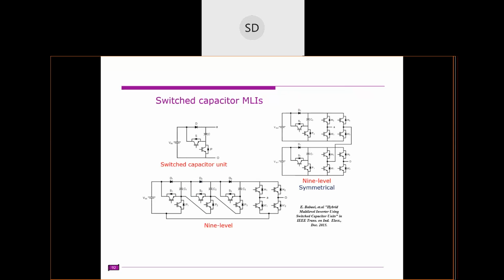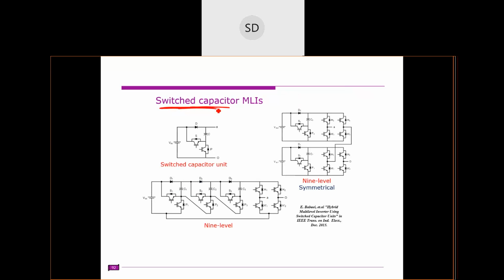So we have other units also there, right? We have other switched capacitor units also. So the next category is switched capacitor topologies.